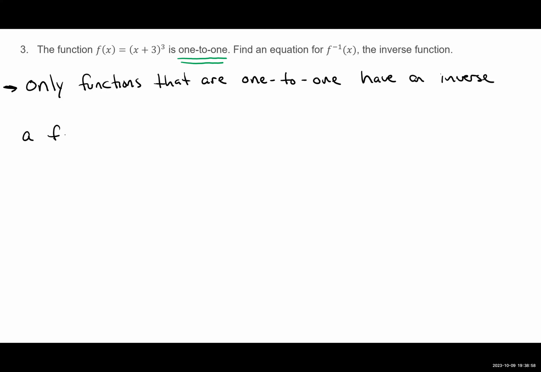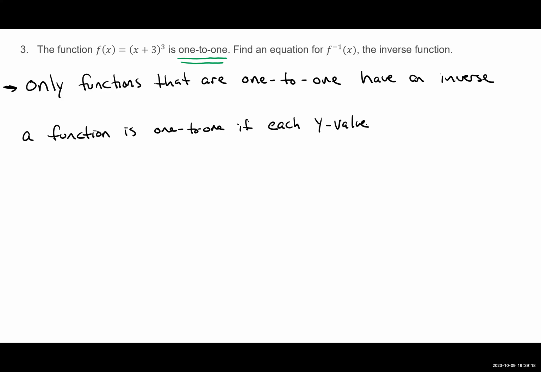A function is 1-to-1 if... there's a lot of different ways I could say this.